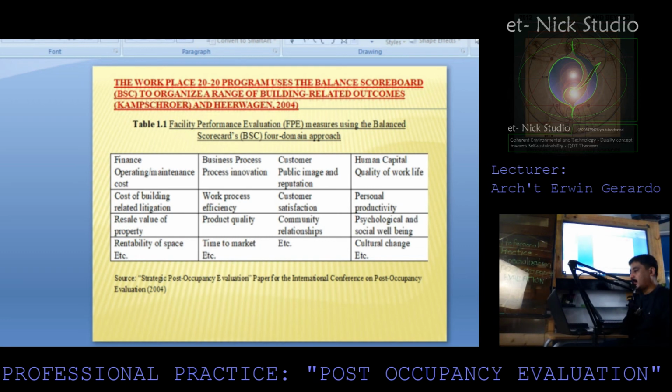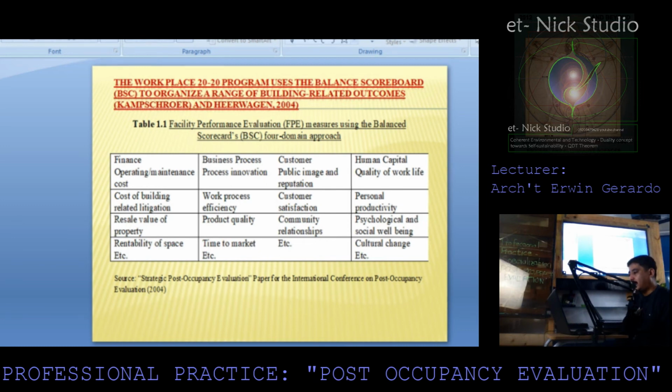The Workplace 2020 program uses the Balanced Scorecard, BSC, to organize a range of building-related outcomes. This was undertaken by Kampschroer and Heerwagen in 2004. The table shows facility performance evaluation measures using the Balanced Scorecard, using the four-domain approach.